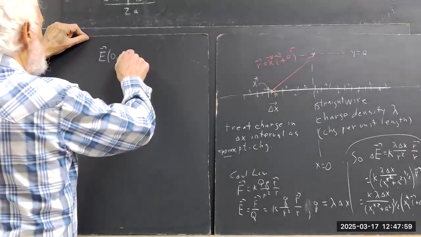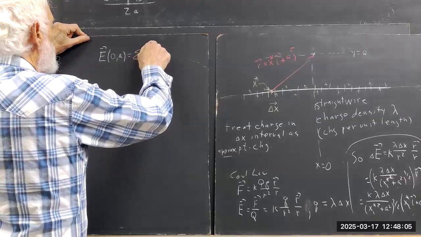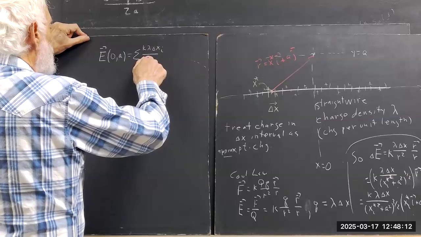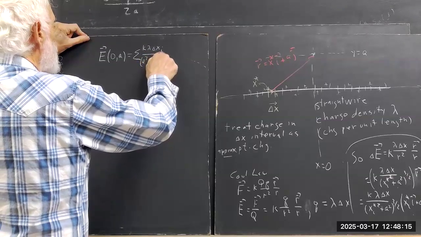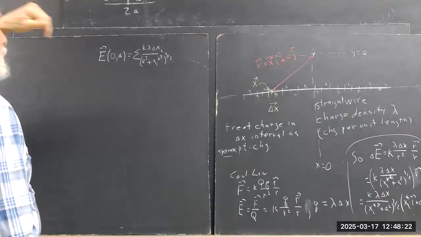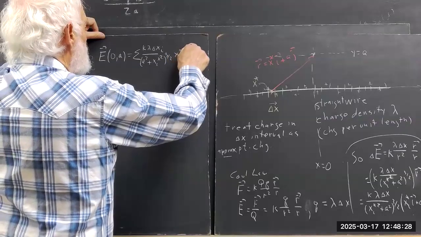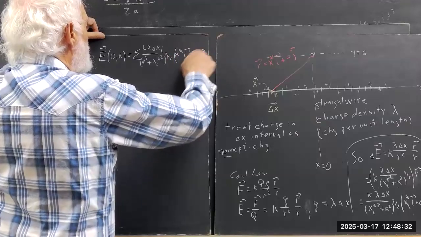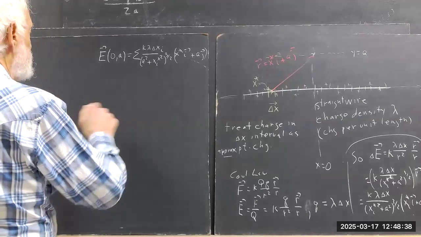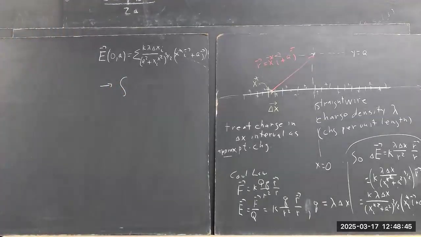Field at 0, a is the sum of all the k lambda delta x i over x i star squared plus a squared to the 3/2 times x i star i plus a j. This approaches the integral.